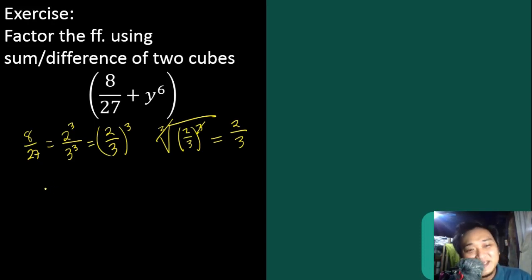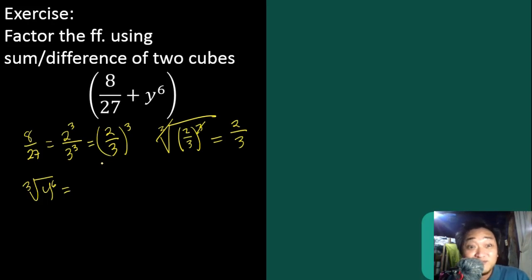Now, what will be the cube root of y raised to 6? Again, we can make use of the fractional exponent as our main property. It is like the difference of two squares where we divide by 2. The secret there is we just divide the exponents of the variables by 2.